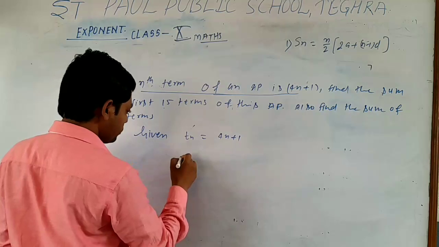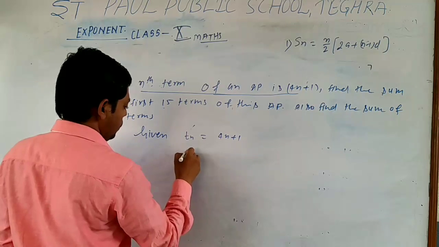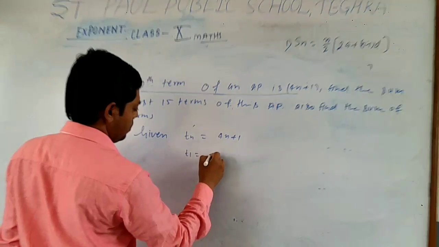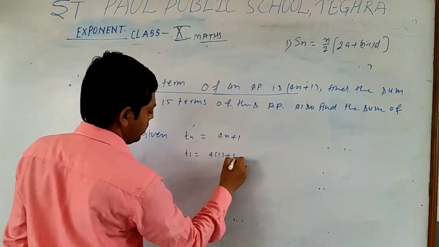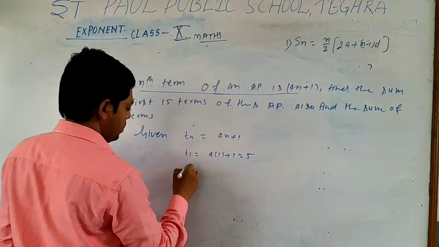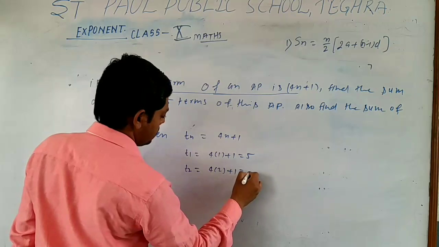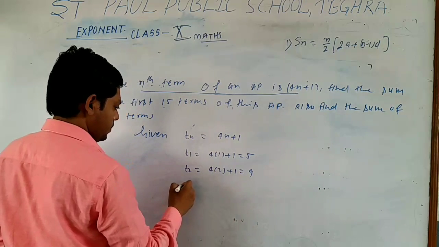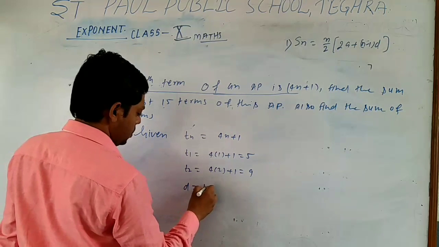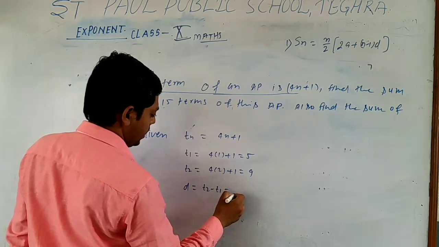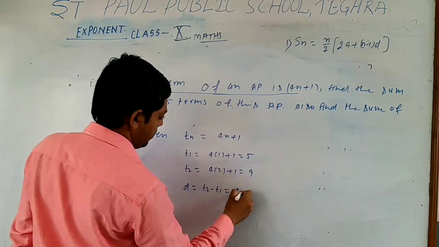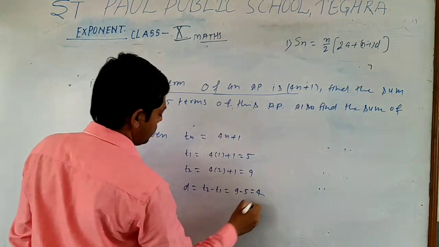We have T1, that is 4 into 1 plus 1, that is 5. T2 is 4 into 2 plus 1, that is 9. And d equals T2 minus T1, that is 9 minus 5, that is 4.